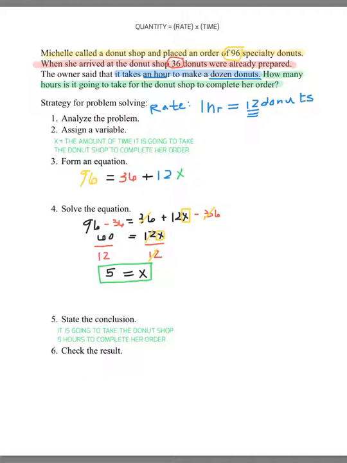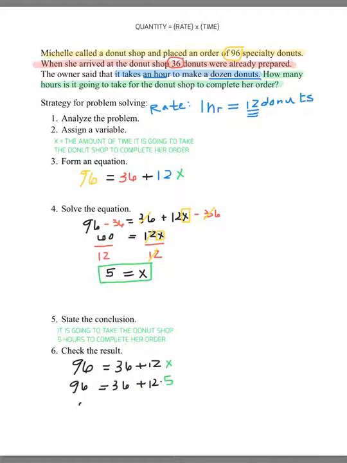So now let us go ahead and check our result by plugging in the value for x into the original equation. The original equation is found in step 3. So we have 96 is equal to 36 plus 12x. However, we now know that x is equal to 5, so we're going to substitute that in. 96 is equal to 36 plus 12 multiplied by 5.